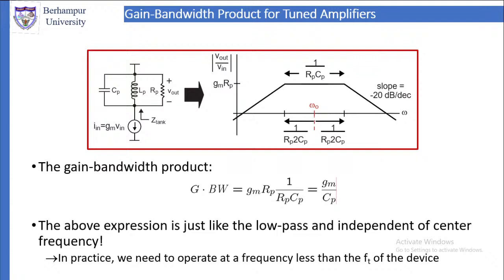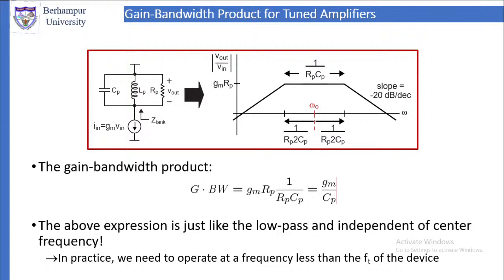How to find the output voltage? We will find it across any of the elements. Since all three elements are connected in parallel, it is a tank circuit. So we will consider the output voltage across the resistor. It is the same as considering the output voltage across the capacitor or across the inductor. We will consider it across the resistor.